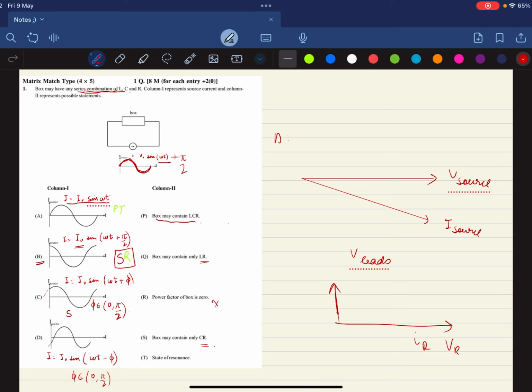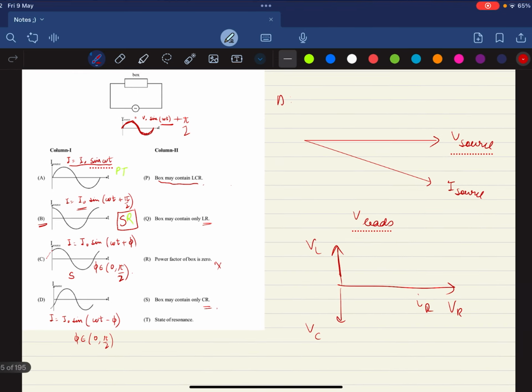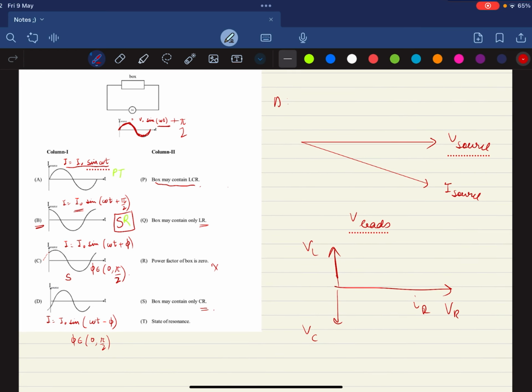And let's draw a general phasor as we studied in AC circuits. This can also happen when the net phasor is like this, because then we'll have to subtract to get to IR.